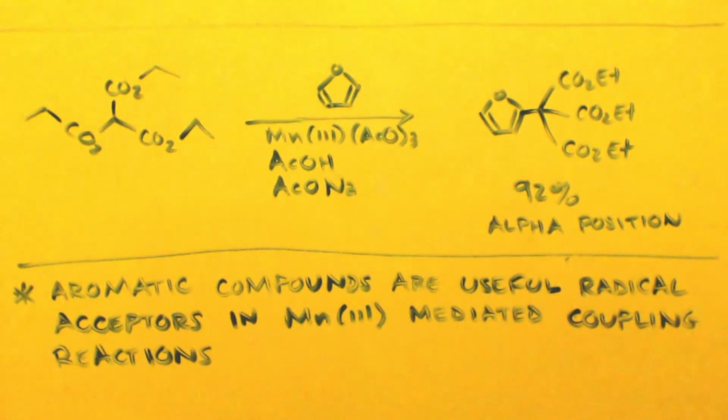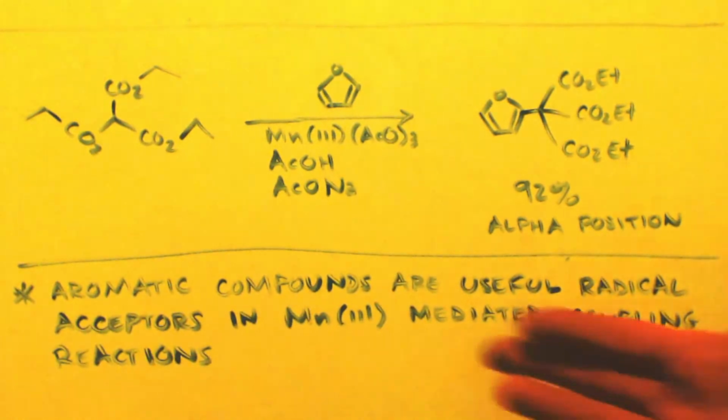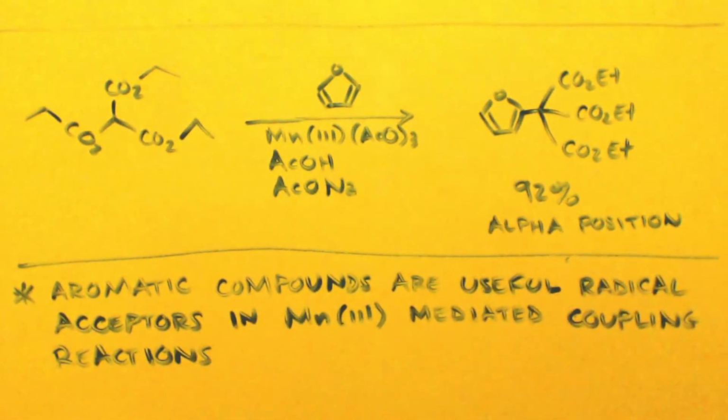Chlorine grabs the proton and makes the benzene into a radical, and then that radical grabs another chlorine, and now you have chlorobenzene. I can name 100 reactions where free radicals are attacking benzene. And like I said, aromatic compounds are useful in this Mn3 coupling reaction. Here's an example, 92% yield.